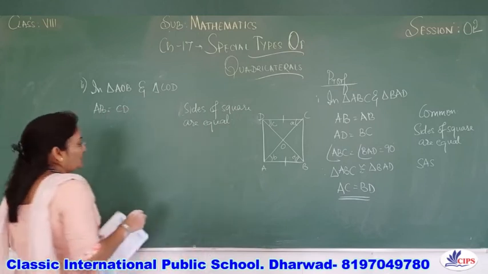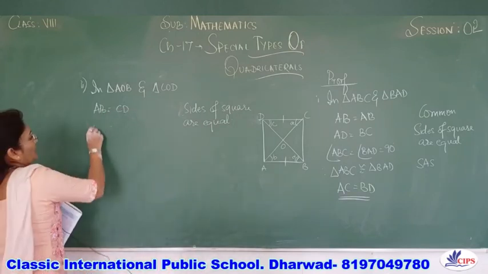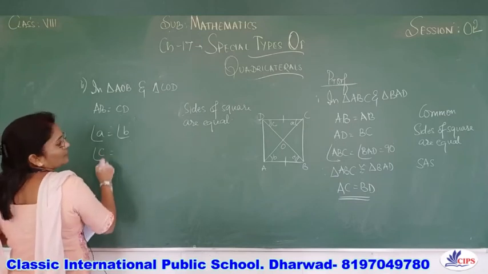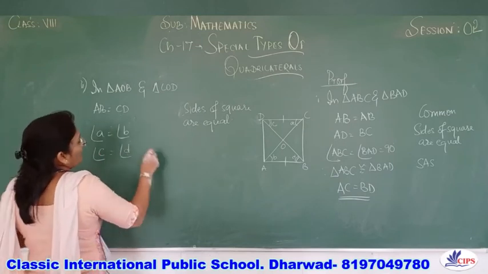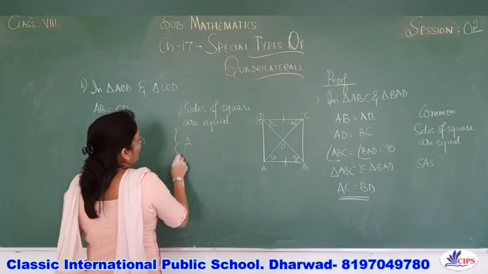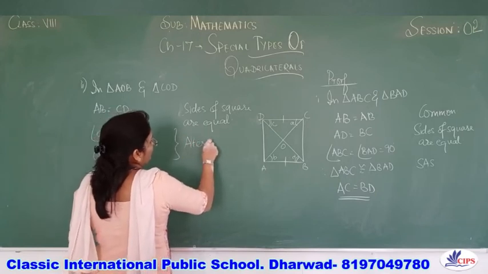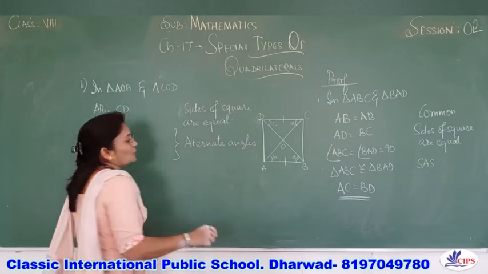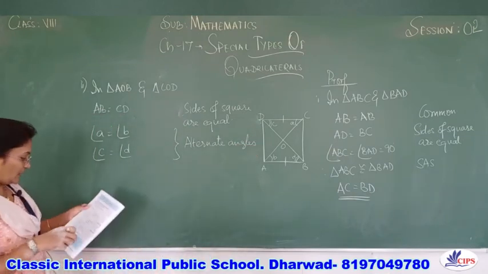Then angle A is equal to angle B, and angle C is equal to angle D, because both are alternate angles. Alternate angles are always equal.